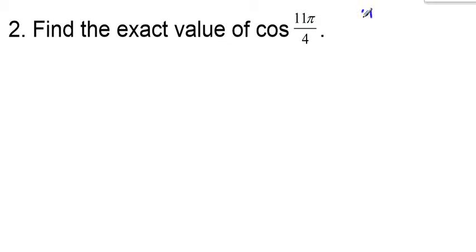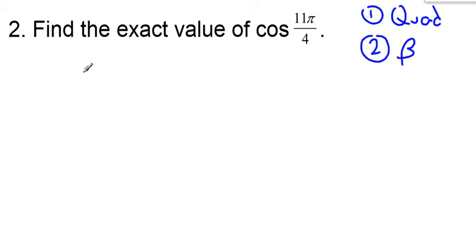So again, the first thing I want to do is find what quadrant I'm in, and the second thing I want to do is find the related acute angle, and that's the symbol we use, beta. Here is the 4-quadrant system, and I've divided pi into 4 pieces. So let's draw some lines that represent cutting pi into 4 pieces.